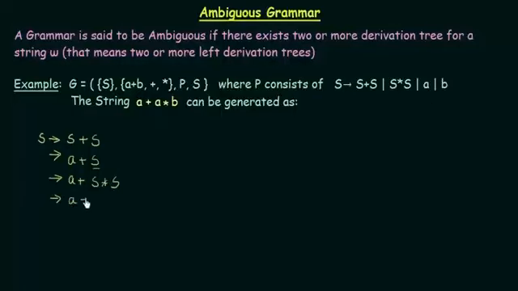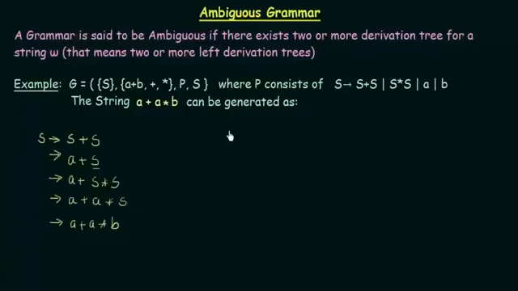The final S I will replace with b, because the production rule says S can give b. So now I am getting the string a plus a into b, which is the string I wanted to generate. So this is one way I can generate this string.